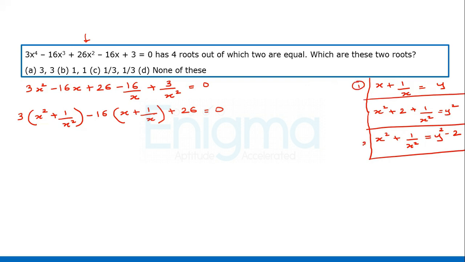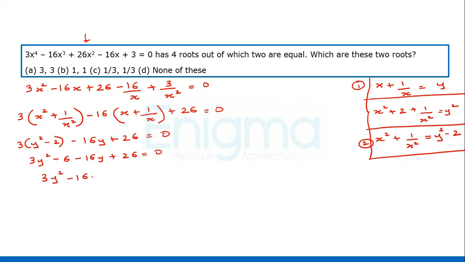So we will get here 3 into y square minus 2 minus 16y plus 26 is equal to 0. So we have it here 3y square minus 6 minus 16y plus 26 equal to 0. So the quadratic equation becomes 3y square minus 16y plus 20 is equal to 0.